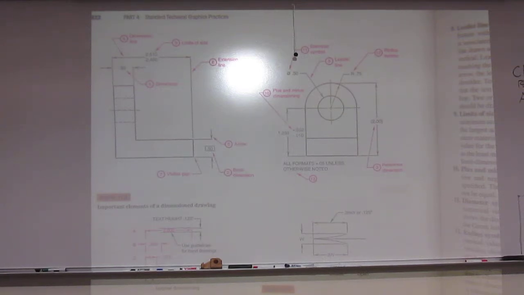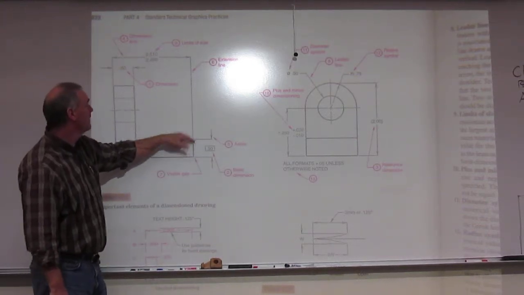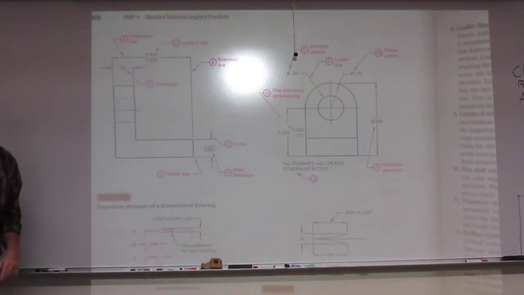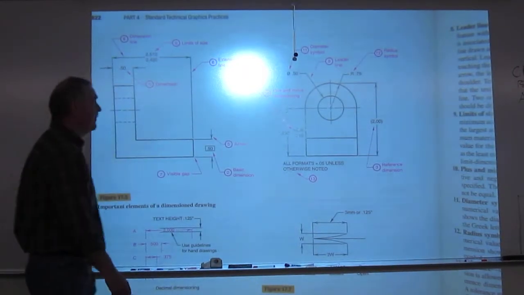6, the extension line. We've already covered that with its dimensions. Remember, thin line, 16th gap off the object, 1/8 inch past the arrowhead, ties the dimension to the feature. 7, the visible gap, that's just for the extension line. 8, the leader line, we covered that one also yesterday.